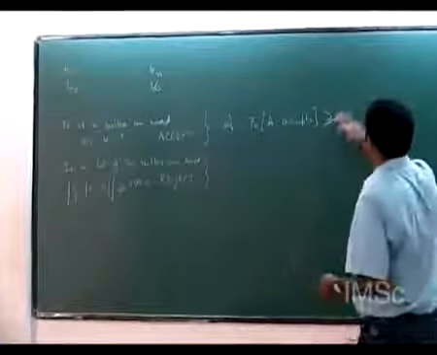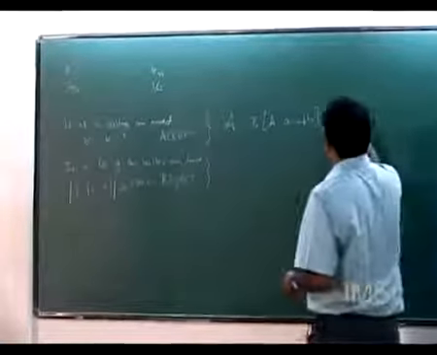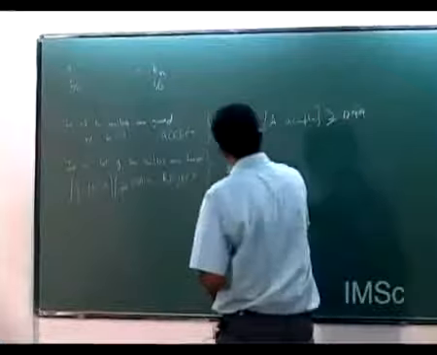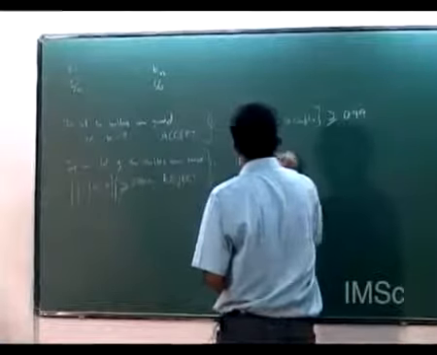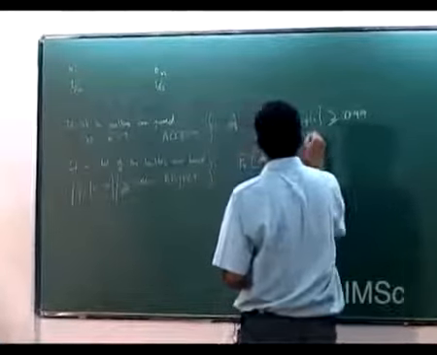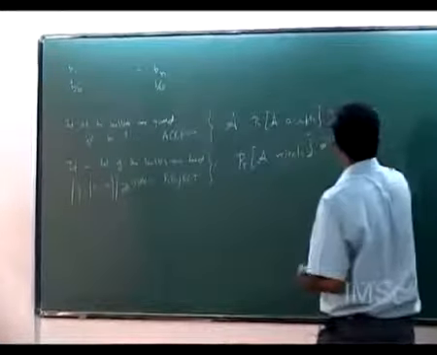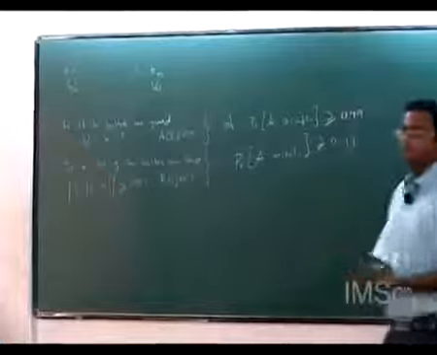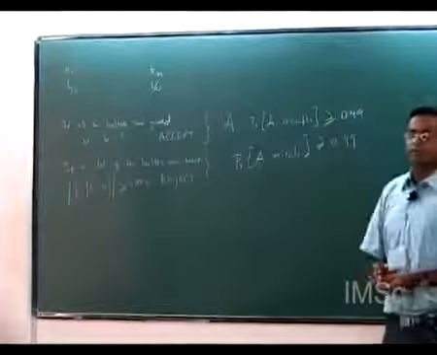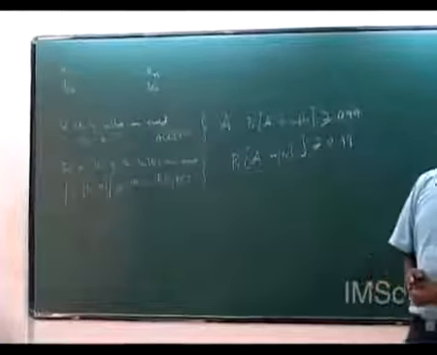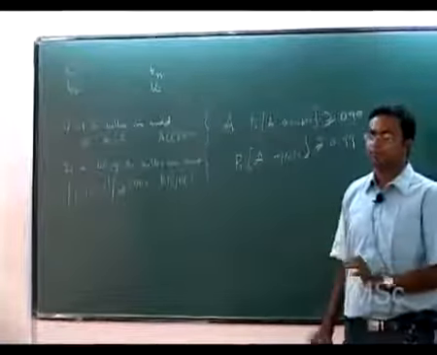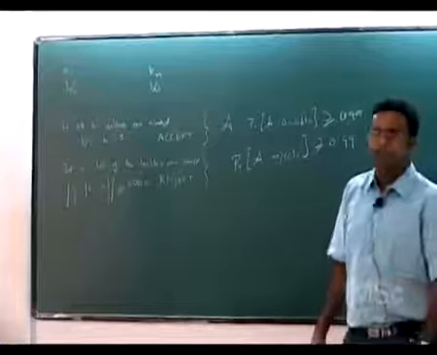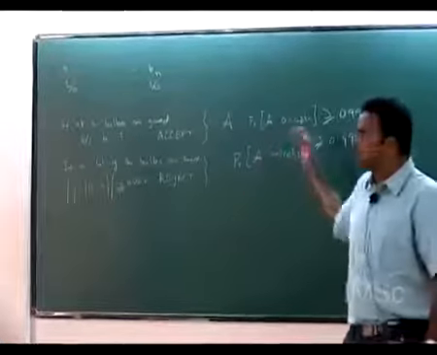Say in this case, it is greater than 0.99, and in this case, the probability that A rejects is also 0.99. So is the problem clear? Now can someone give me a solution to this problem?